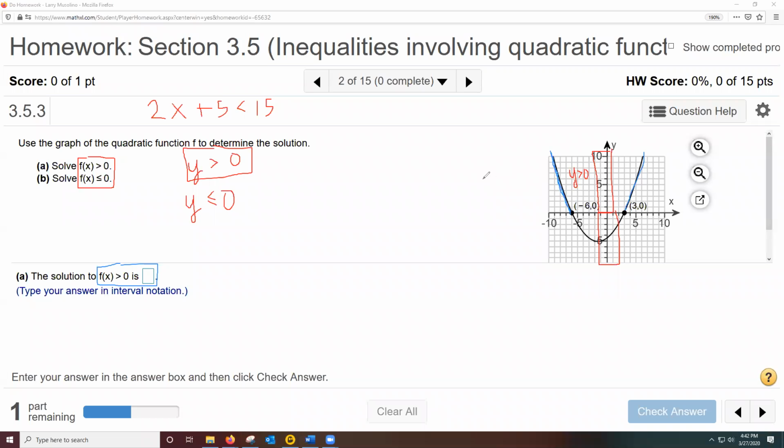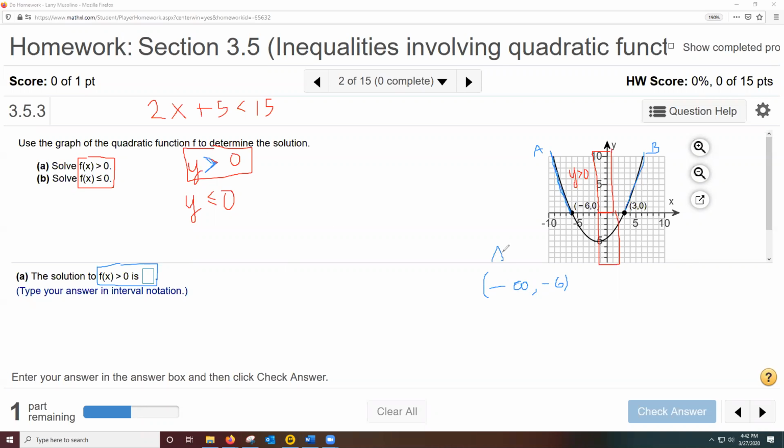Well, I'm noticing, let me call this maybe part A of the graph, and I'll call this part B. Part A of the graph looks like it's going from negative infinity to negative 6, it looks like. So that's part A. Now I'm going to put parentheses on this because remember we're doing y greater than 0. Okay, let me come over to part B of the graph.